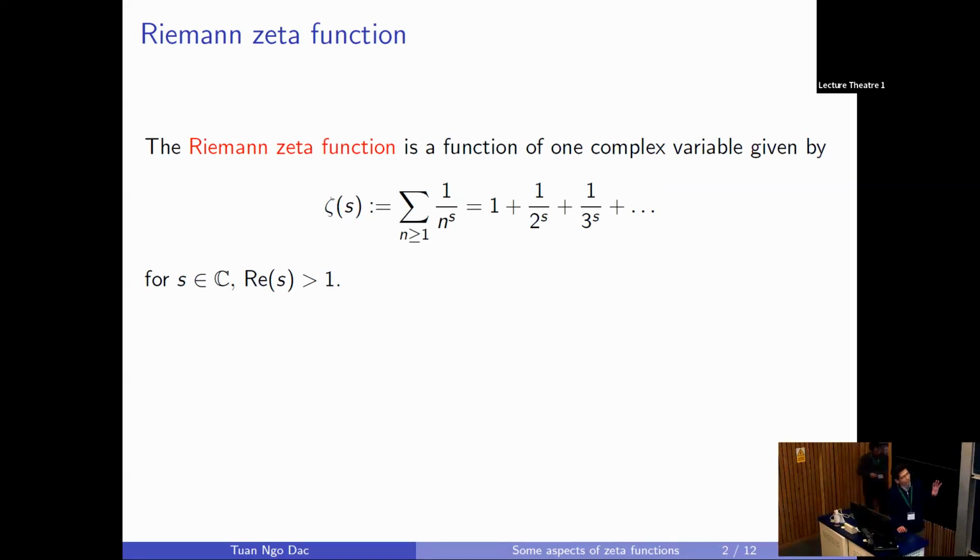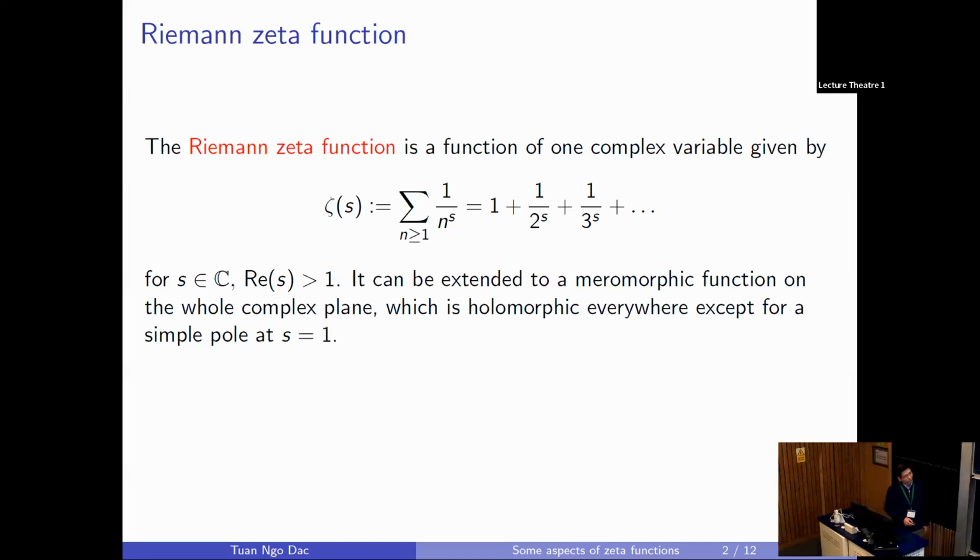We take s to be a complex number, and we define zeta of s to be the sum of 1 over n to the power of s. So you have an infinite sum here. And to ensure convergence, we have this condition.